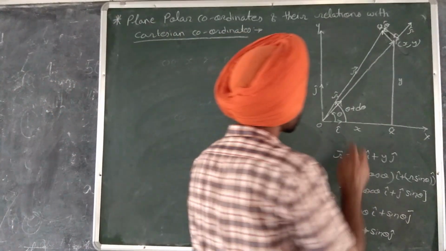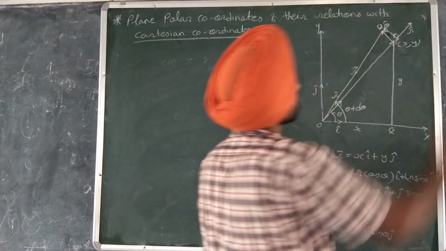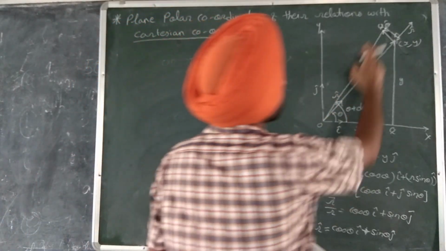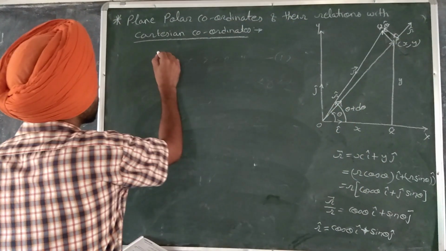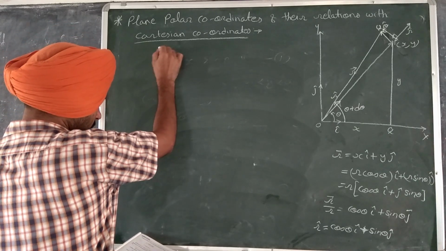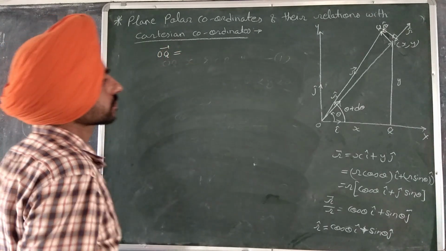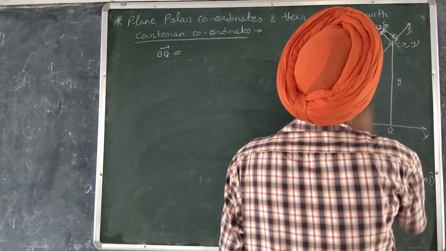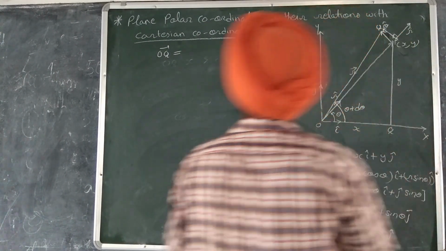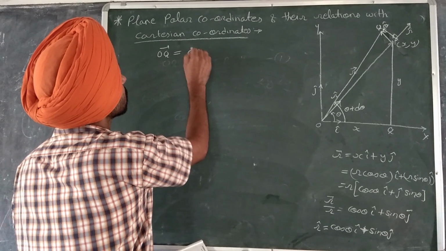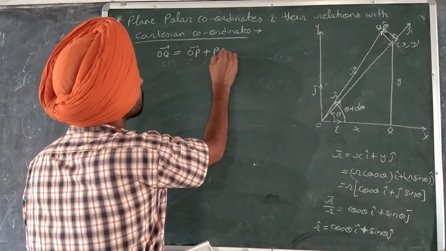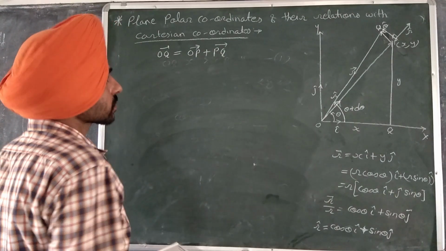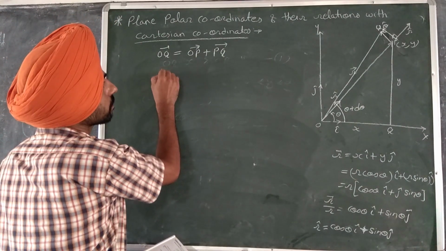We are interested in finding the unit vector theta cap. From this diagram we have OQ equal to OP plus PQ. This is from the triangle law of vector addition. So from here we can find PQ.